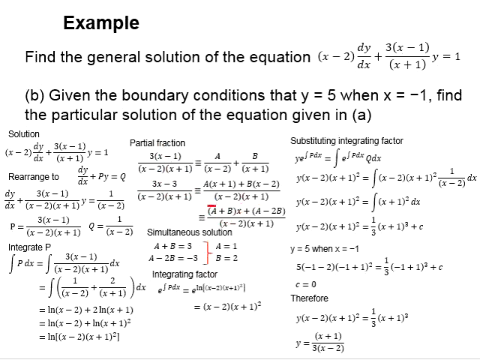From here, you know a plus b equals to 3, and a minus 2b will equals to negative 3, as written here. Solve the two equations simultaneously, you get a equals to 1, b equals to 2.